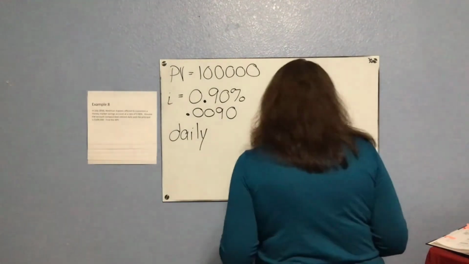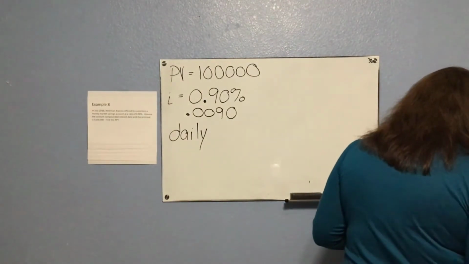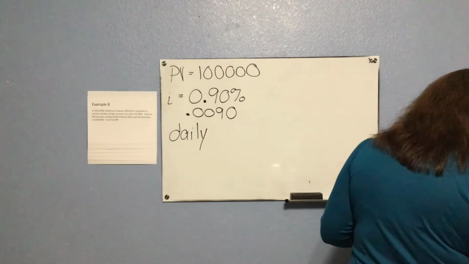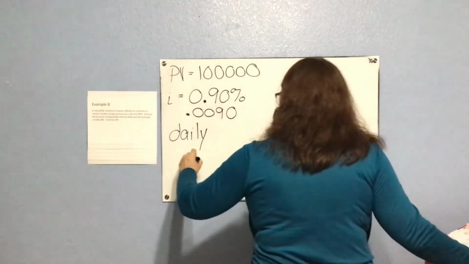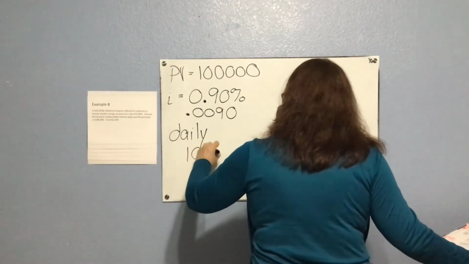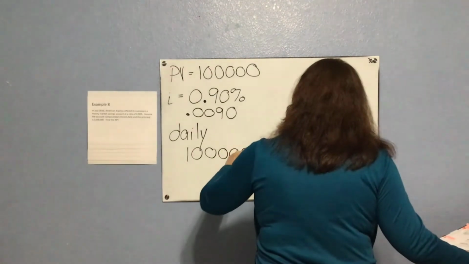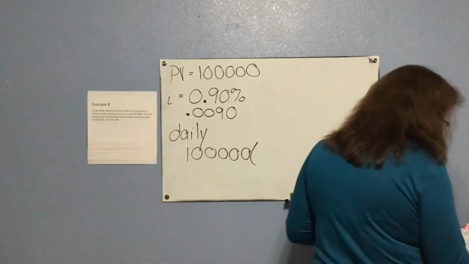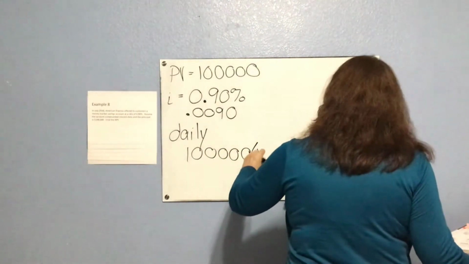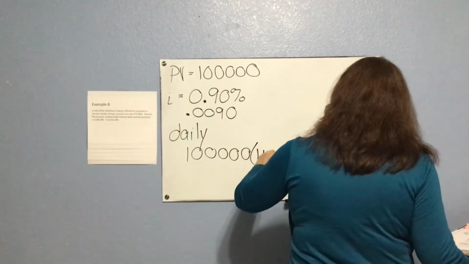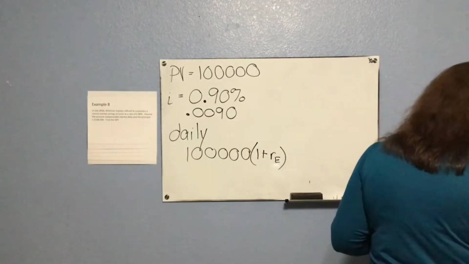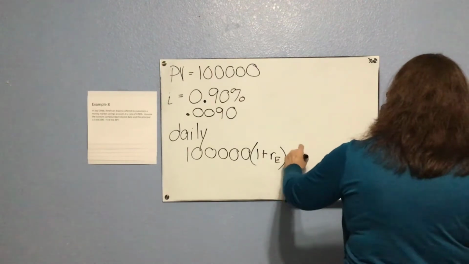So we're going to use an equation that compares those two. We start off with 100,000 times 1 plus R_E, and that is the effective rate.